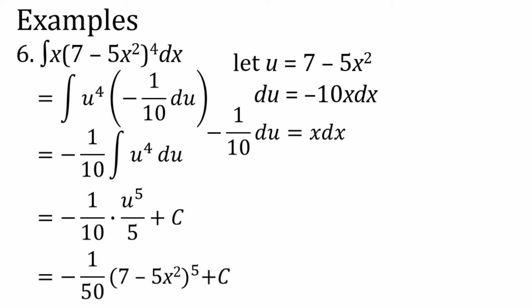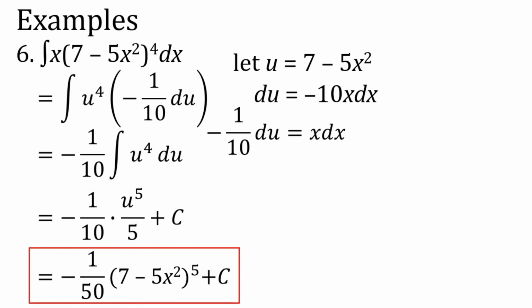Then substitute: negative 1/50 times 7 minus 5x squared raised to 5 plus c. So this is our final answer. That's why it is called integration by substitution, because we are making substitutions here in order for us to solve or to find the integral.